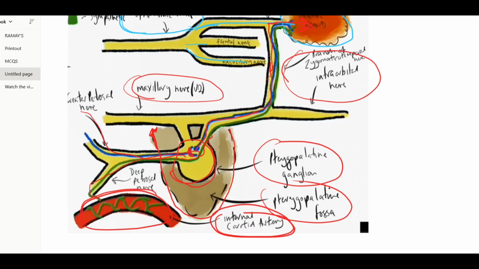Look here. These are going, joins the maxillary nerve, then finally the zygomatico-temporal nerve, and they ultimately join the lacrimal nerve and goes into the lacrimal gland. So these are derived from the superior cervical sympathetic ganglion.